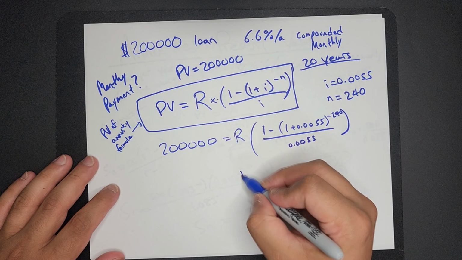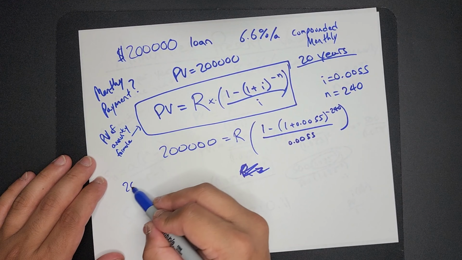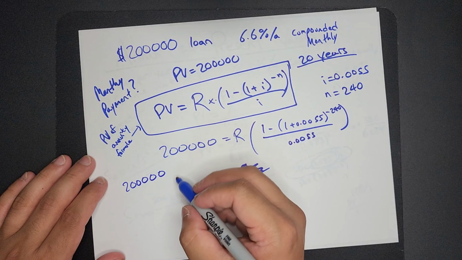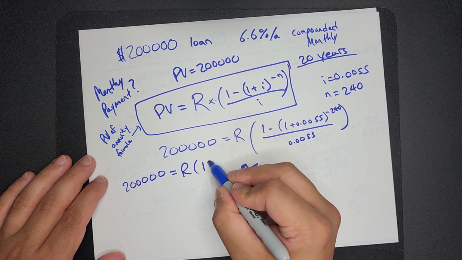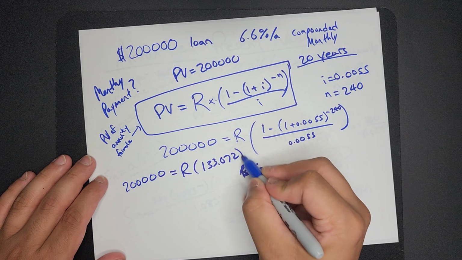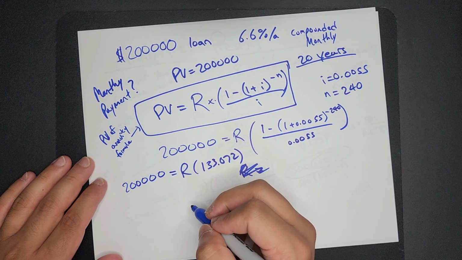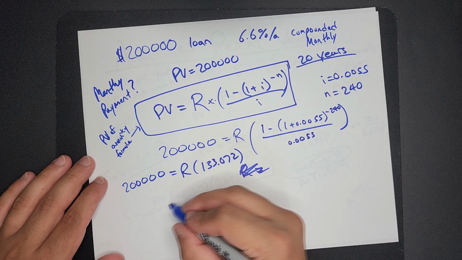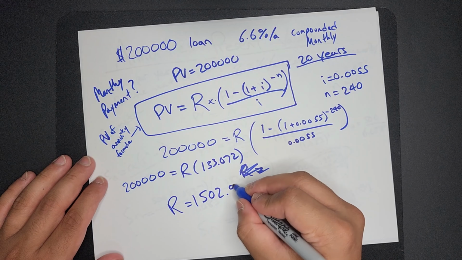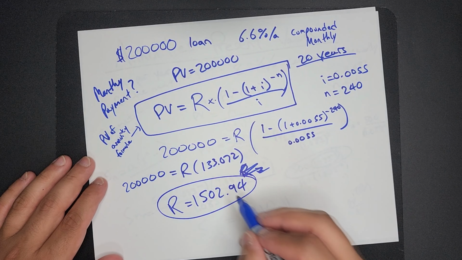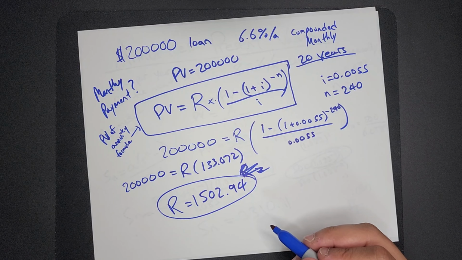And this will all equal, we have 200k equals R times 133.072. When you divide both sides by 133.072, you actually get R equal to 1502.94. That will be the monthly payment to pay this off.